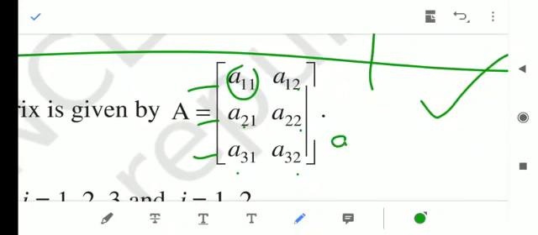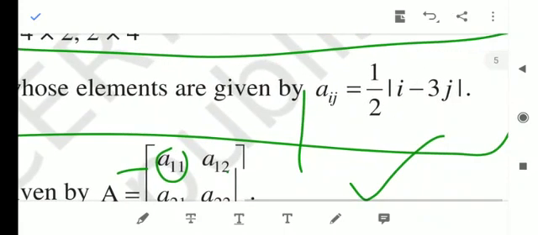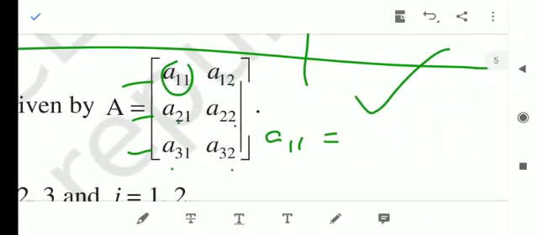If I ask what is the value of A11, let us see. Aij is how much? It is 1 by 2 modulus of (i minus 3j).